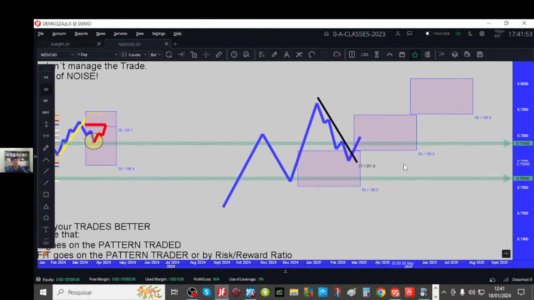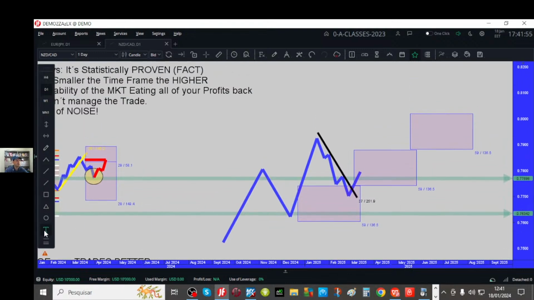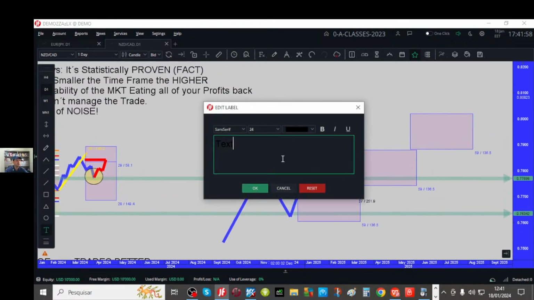Start measuring. This is the ongoing homework. Ongoing homework, it never ends.